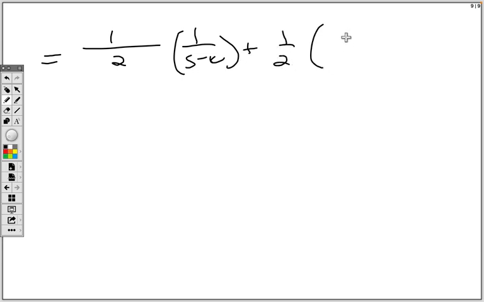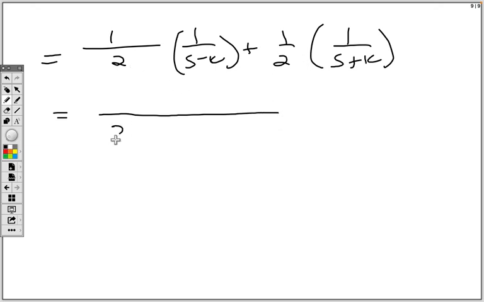So this is going to be 1/2 times 1 over s minus k plus 1/2 times 1 over s plus k. And we'll go ahead and get the common denominator there. So I need a factor of 2, a factor of s minus k, and a factor of s plus k.